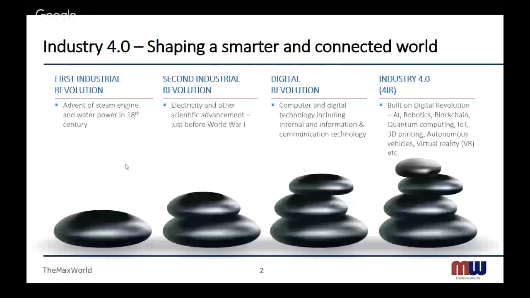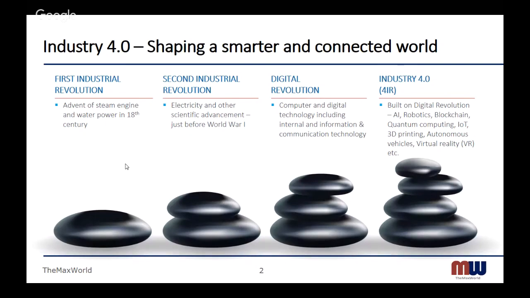The next came when electrical power arrived, with scientific advancement, before World War I. Then came the digital revolution, where digital technologies, cloud and communication technology changed how we do business, how consumers expect things, and how they see the value in the commodities they purchase. Now we are entering Industry 4.0, which is built on the digital revolution.